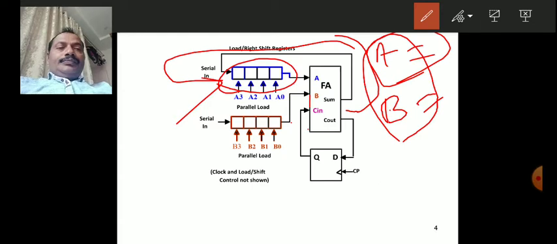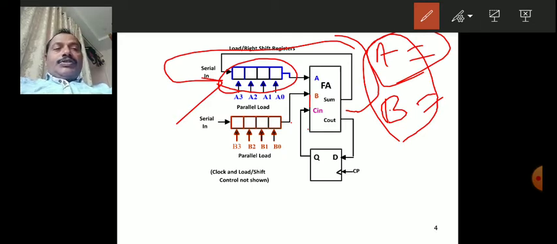Register B is also serial in, parallel load and serial out, but the result does not affect this data. Only two nibbles are taken, for example, in this case.